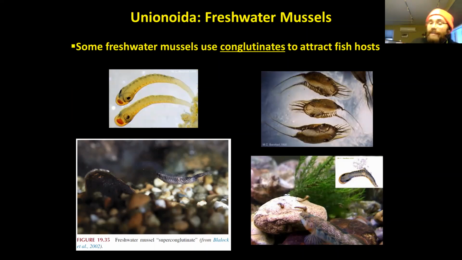I better eat this. They bite it, and it explodes open and releases those little baby glochidia, and the fish will suck them up, and they will attach onto the gills or the fins of the fish that attack these conglutinates.